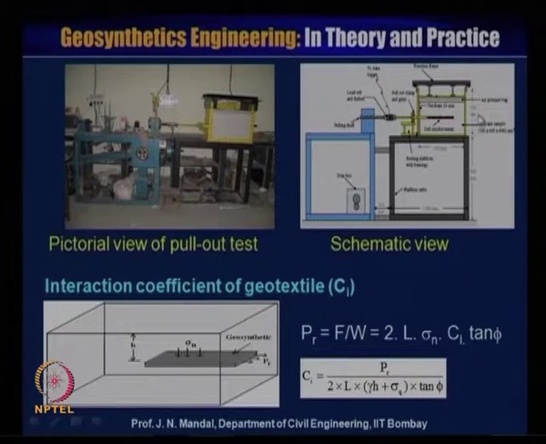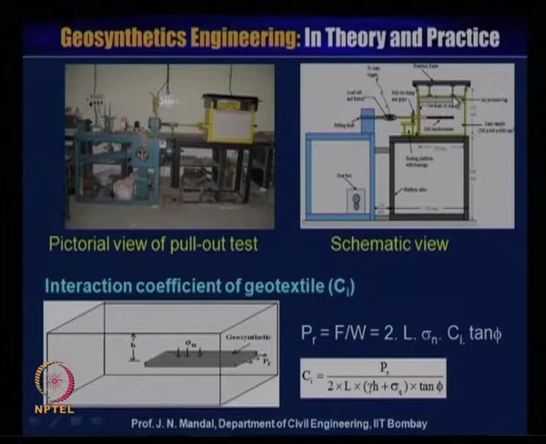You can see here is a geogrid kind of reinforcement which is pulled out, and on the top and the bottom of the soil you are provided with a rubber, a kind of balloon on the top.